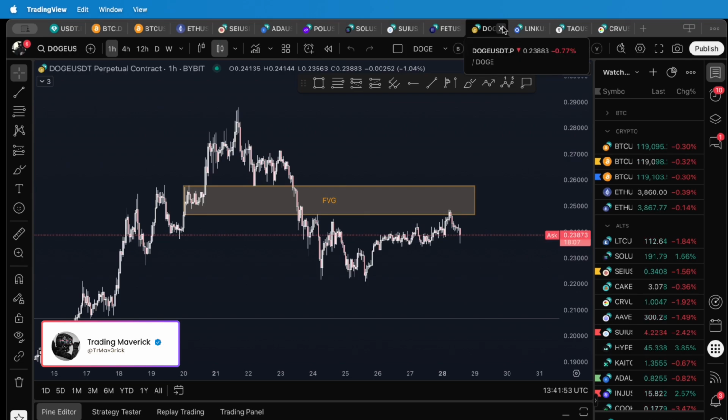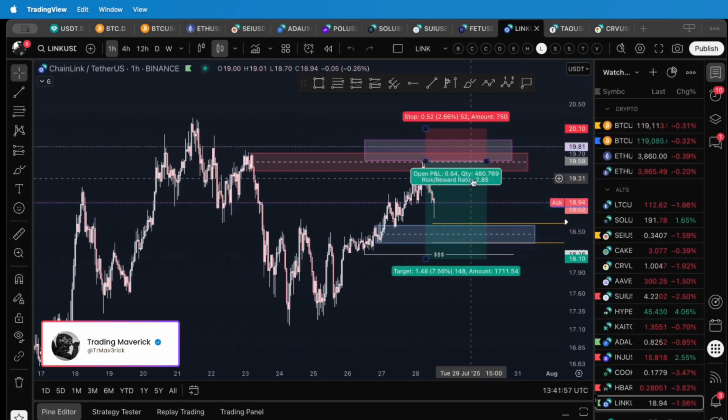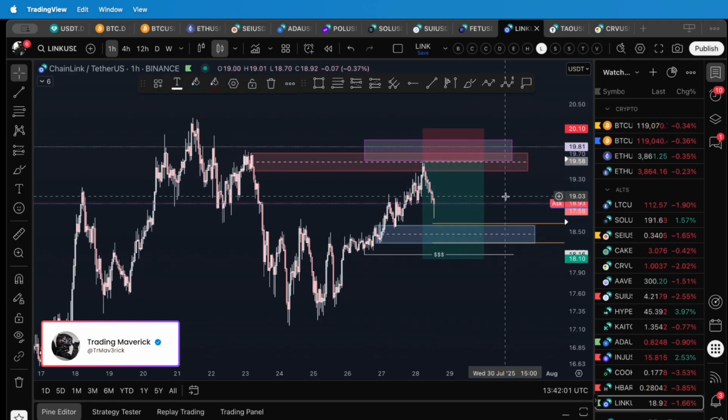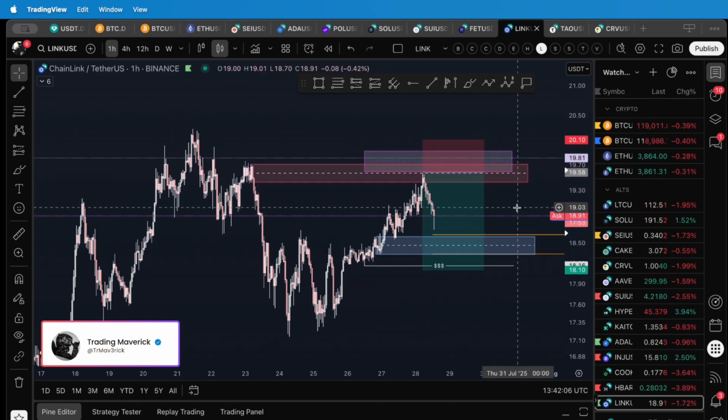Doge, nothing interesting for me, honestly. I also was looking at Link, actually posted an idea yesterday, and on TradingView it would not be filled. Not sure how things would play out on Bybit.